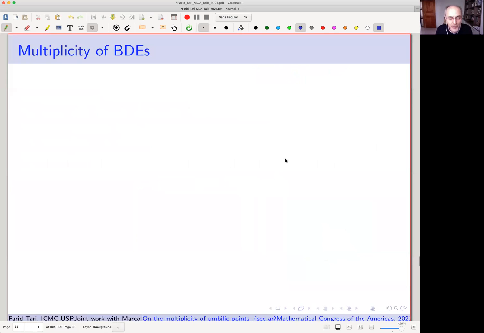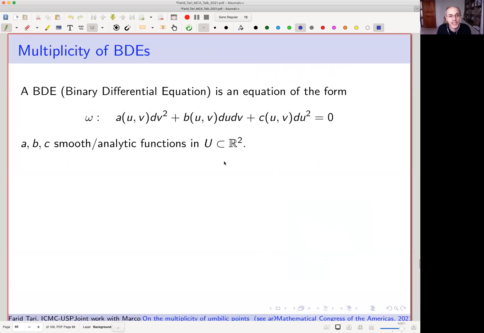Finally, the final topic is to relate the multiplicity of the umbilic to the multiplicity of the surface. Let me first recall what a binary differential equation is. A binary differential equation is an equation of this form. At each point in the plane, I have 2, 1, or 0 directions.